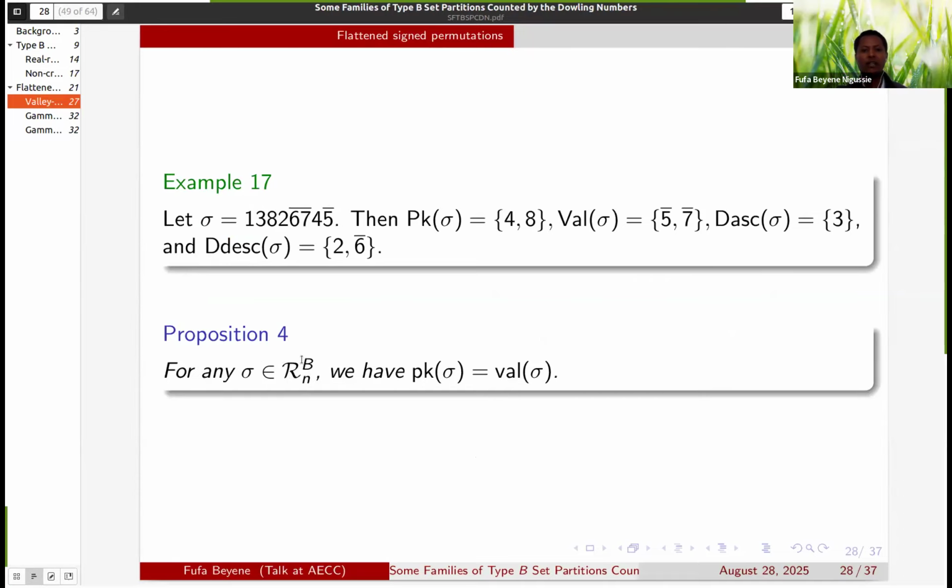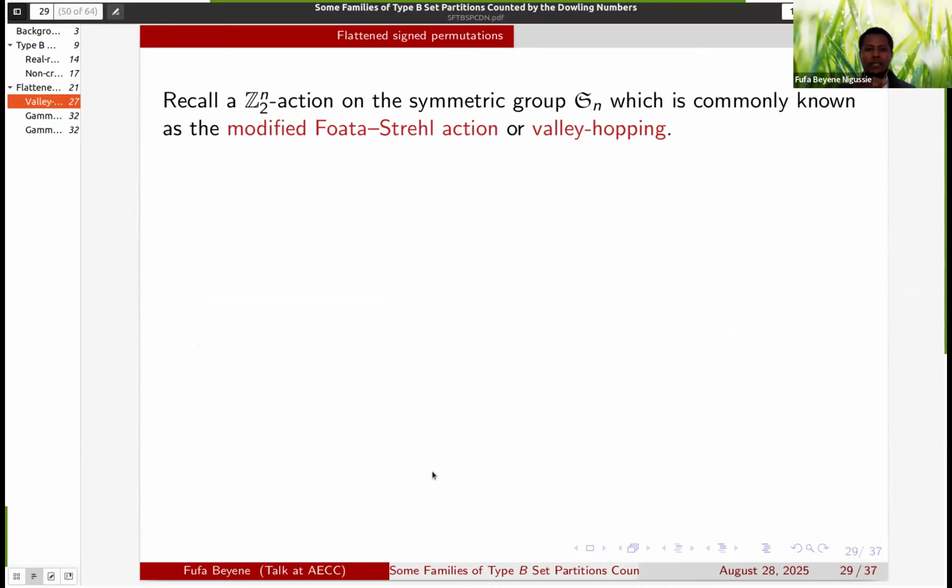If you consider any flattened signed permutation, it always has the same number of peaks and the same number of valleys. The other thing is that the Z2^n action on the symmetric group, which is commonly known as the modified Foata-Strehl action, or it is called value hopping.